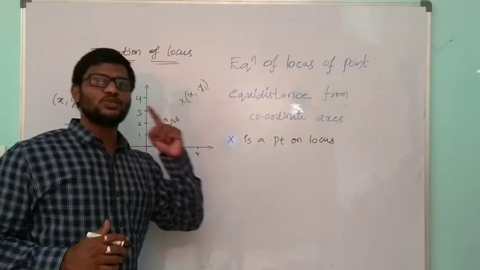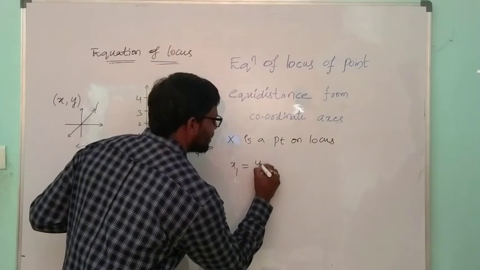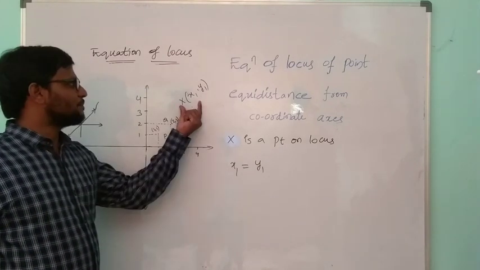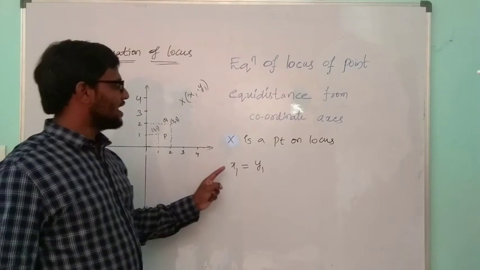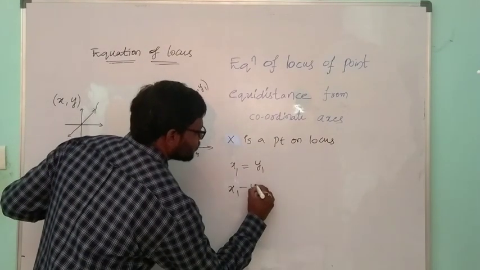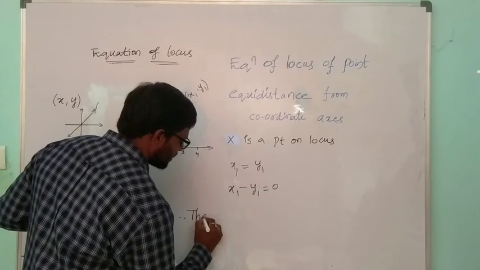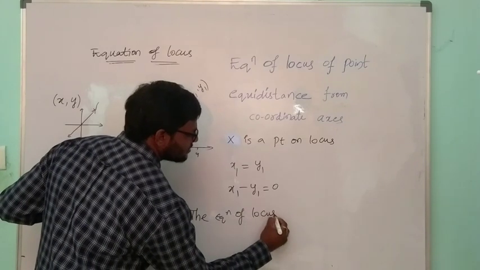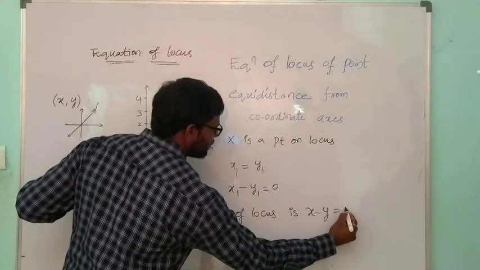So x1 equals y1. If (x1, y1) is a point on the locus in general form, then x1 should be equal to y1. Now x1 minus y1 equals 0. Therefore, the equation of the locus is x minus y equals 0.